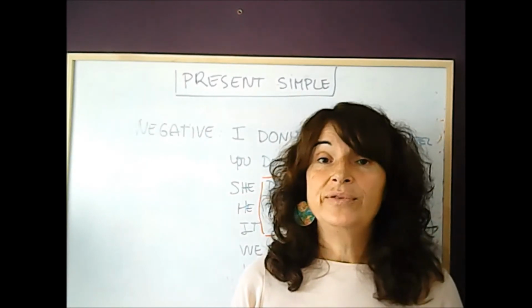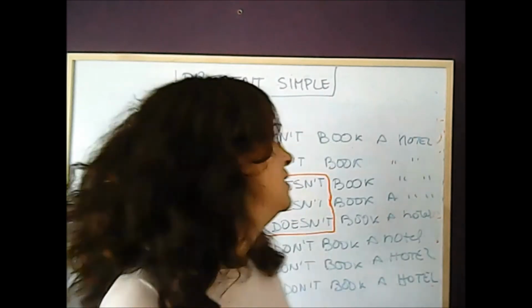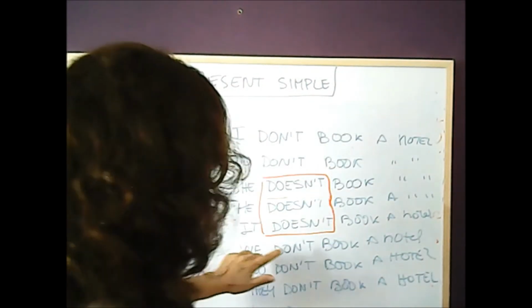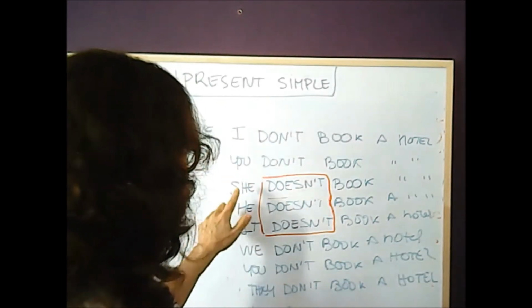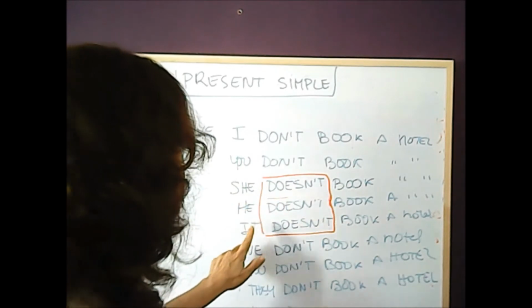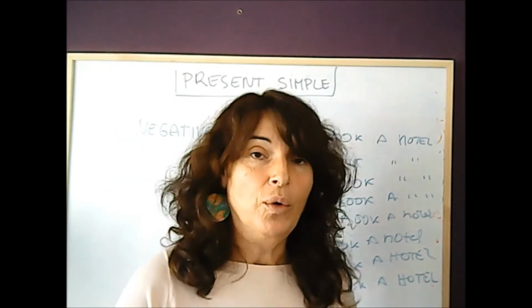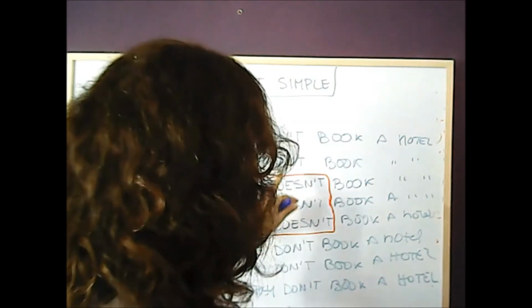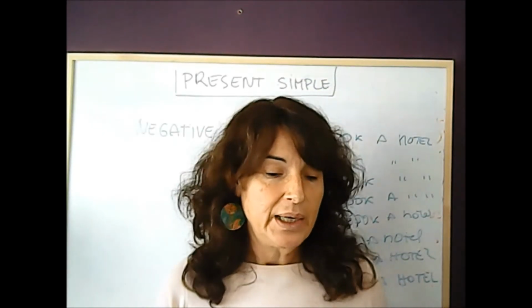In the negative, for he, she, it, we have a difference. I don't, you don't, we don't, you don't, they don't, but she doesn't, he doesn't, it doesn't. This is the difference. So, what does do or doesn't, don't, mean? ¿Quin és el significat?